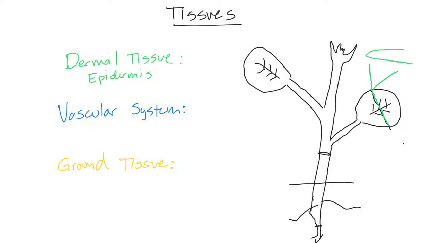Okay, it would be this outer part. Okay, so there are structures on the epidermis such as the stomata, okay, the cuticle. Okay, if we did a cut of the stem here, the epidermis would be that outer layer. And same thing of the root down here.